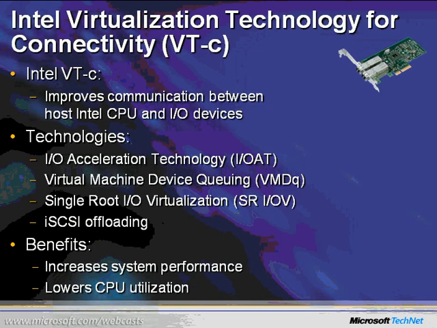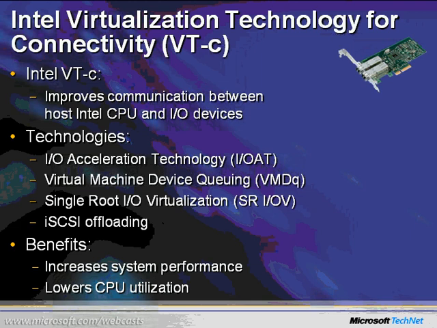So we've talked a bit about the hardware architecture of Hyper-V. The next slide goes into a bit more detail on Intel's virtualization technology for connectivity. And we touched on this briefly a few moments ago when we were talking about Intel VT in general.